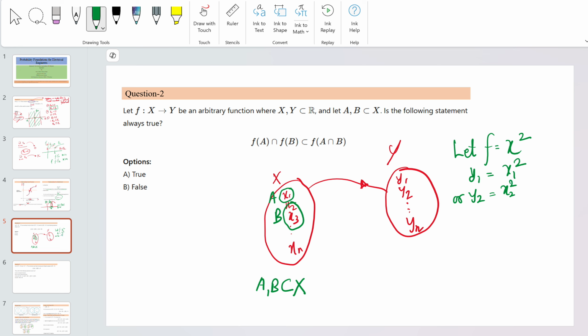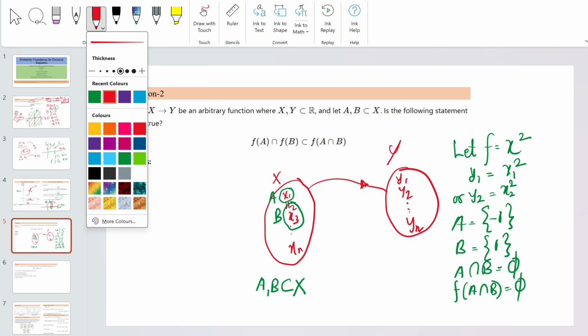Suppose A is equal to {-1}, there is an element inside A, and the subset B has one element, 1. You can see that A intersection B is the empty set, there is no element common between both sets. So what is the meaning of f(A intersection B)? It will simply be the empty set because there is no element, so there is no image of A intersection B inside of Y. This is the important part.